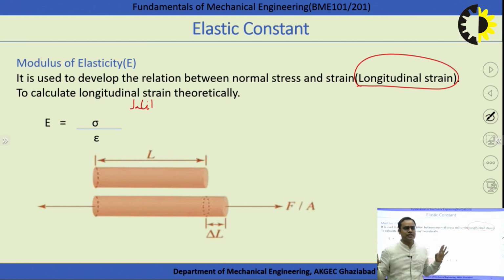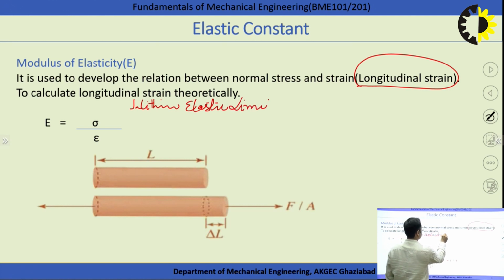There is no permanent deformation, only a temporary change. As long as the force is acting there is a change; if we remove the force, there is no change. That is why I am saying within elastic limit, or sometimes it is also known as proportional limit.